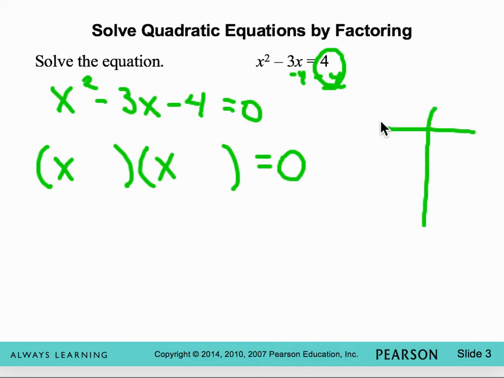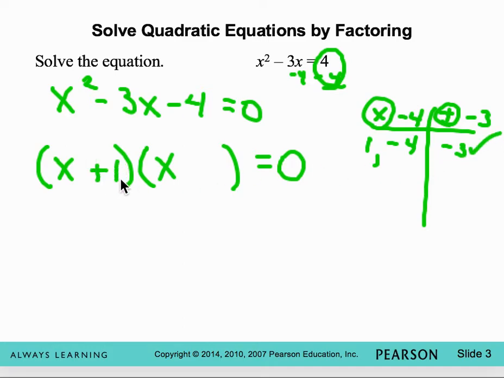Two numbers that multiply and give -4 and add to give -3, right? One of them's got to be negative, so let's say 1 and -4 because that is -3 when I add them. So a +1 and a -4.